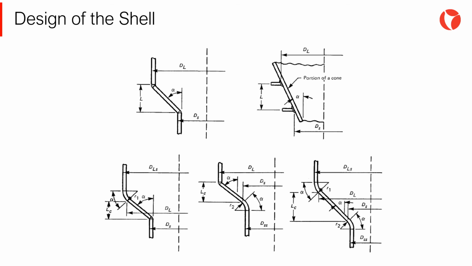Conical shells and transition sections might be designed with knuckles, without knuckles, with reinforcements, etc. For transition sections between two cylindrical shells of different diameters, it can be selected one of the following: a simple conical section without knuckles, or a conical reducer with a knuckle at the large cylinder, or at the small cylinder, or both.